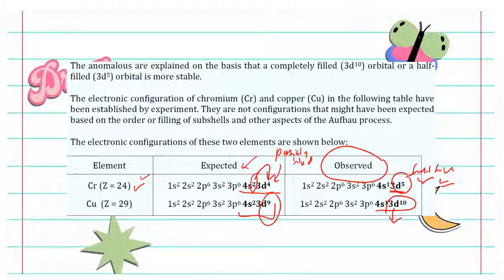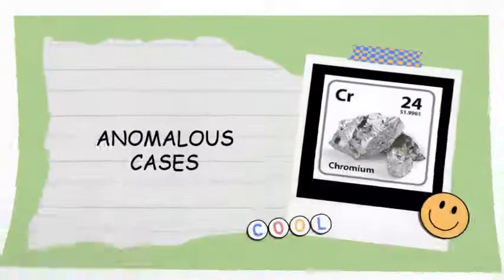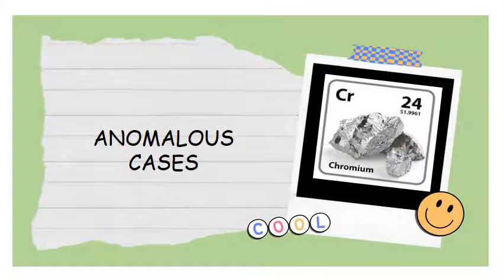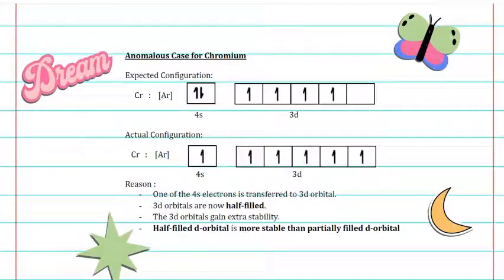Okay, so let's see apa yang you patut explain untuk anomalous cases bagi chromium. Every time kalau soalan minta, explain anomalous cases untuk chromium ataupun explain anomalous cases untuk copper, you patut tulis expected configuration, and then you patut tulis dia punya actual configuration ataupun observed configuration.